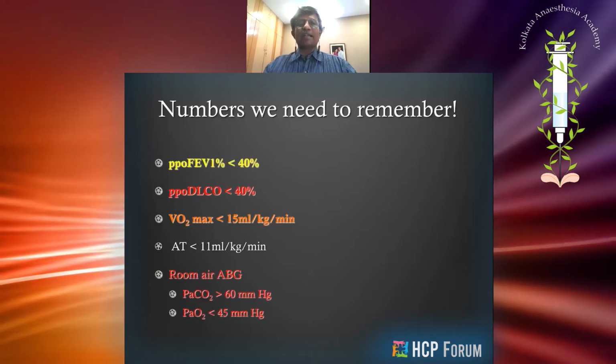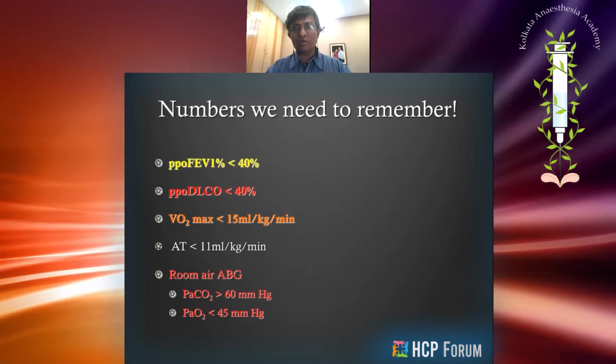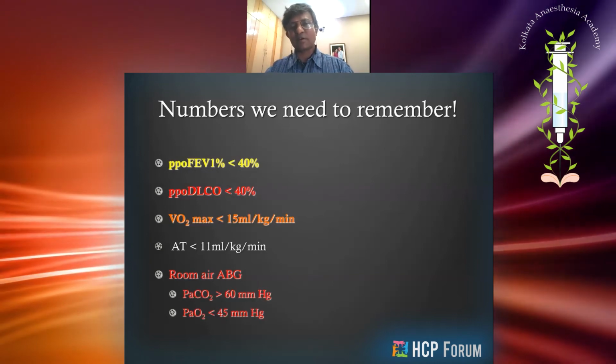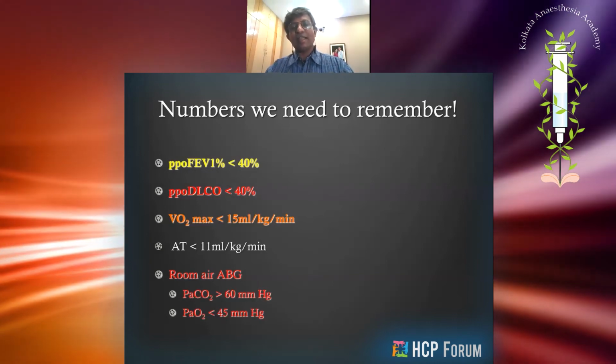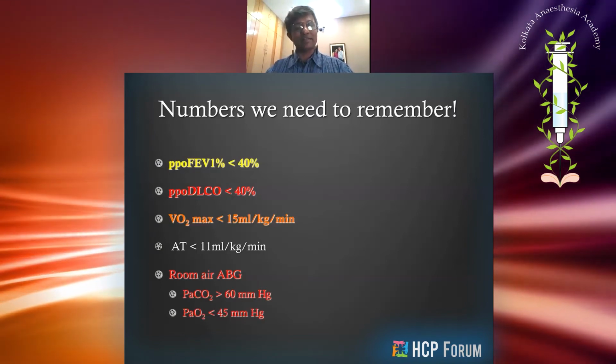So you're looking at a predicted postoperative FEV1 of less than 40%, which is not good. Predicted postoperative DLCO, similarly, if it is less than 40%, it is not good. If the VO2 max is less than 15 milliliters per kg per minute, it is not good.